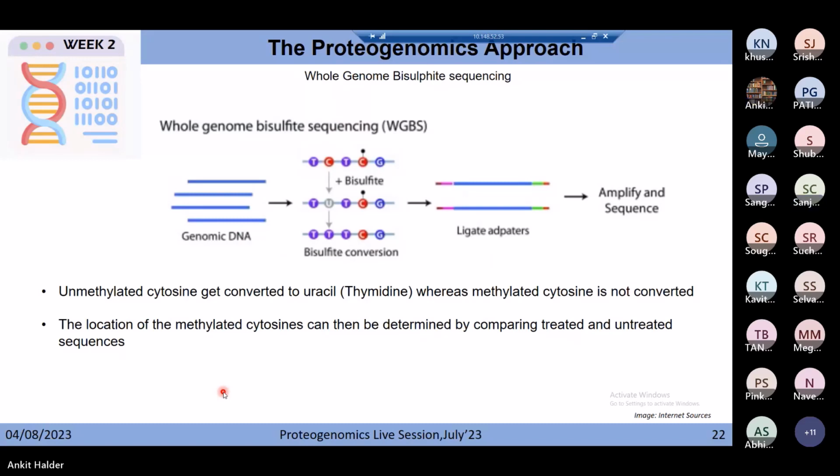Sir, you told that when the C is not methylated, it reacts with bisulfite and changes from C to U. Then how is it changed from U to T? For T, it is done on the reads. When the reads are sequenced, the base calls are taken as T only.